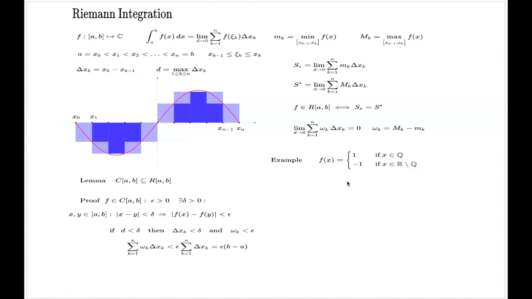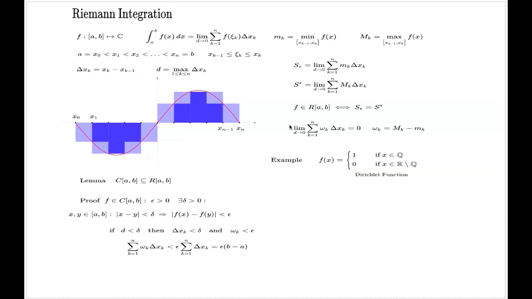I'll make it 0 rather than -1, because then this is the well-known Dirichlet function, one of the examples of functions which are not Riemann integrable.